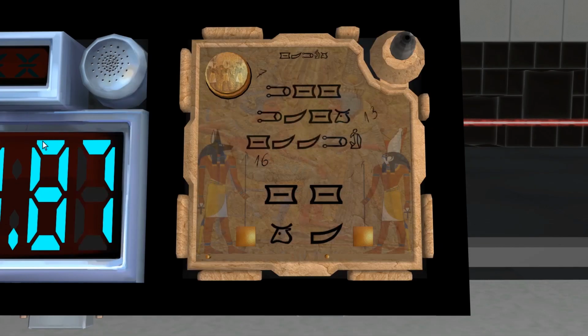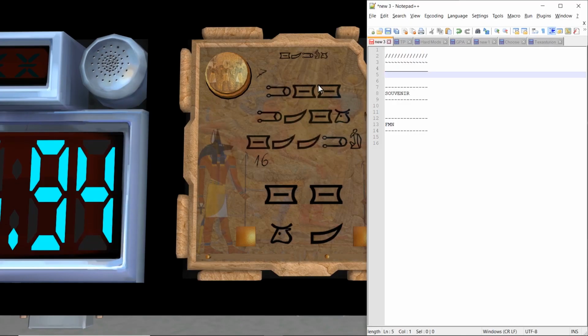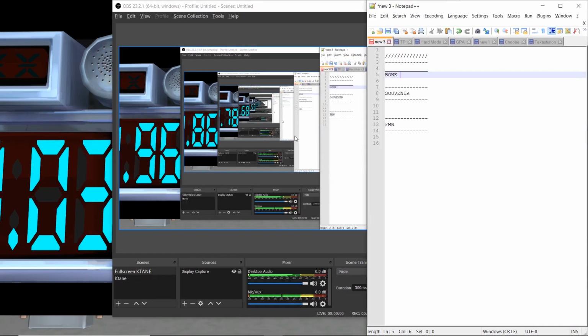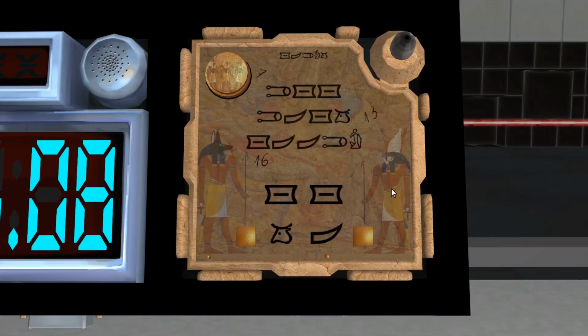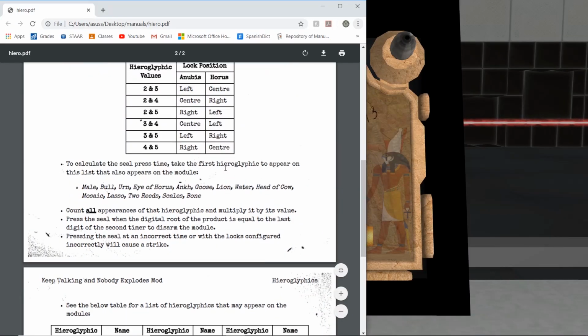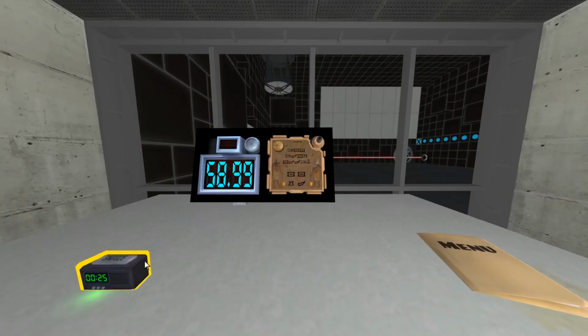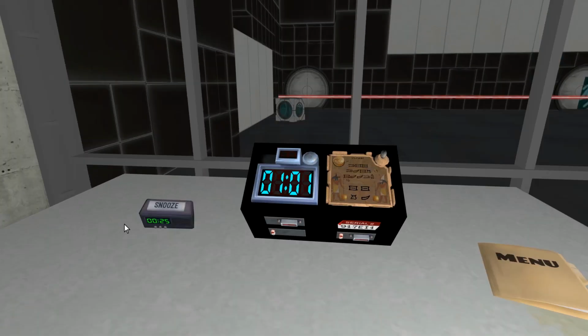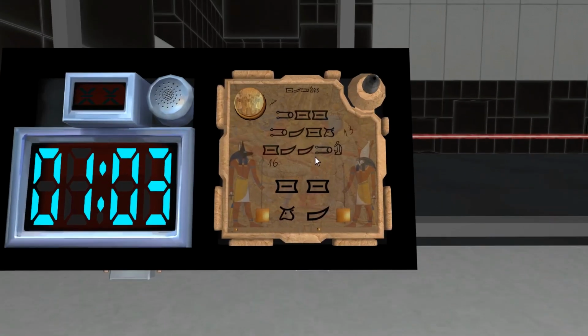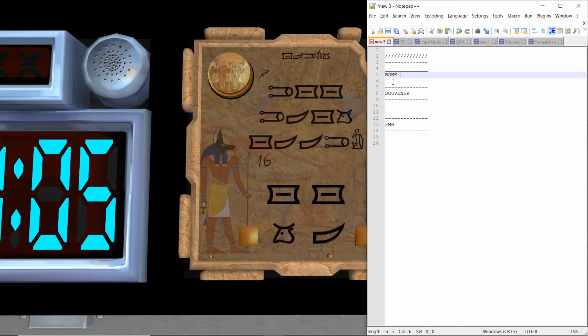So what we do is we write down each symbol. I forgot the names of all of them, so I'll just be peeking back and forth. Okay, so that is bone, those are scales and scales.